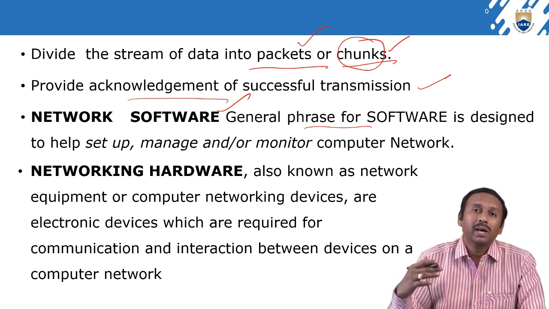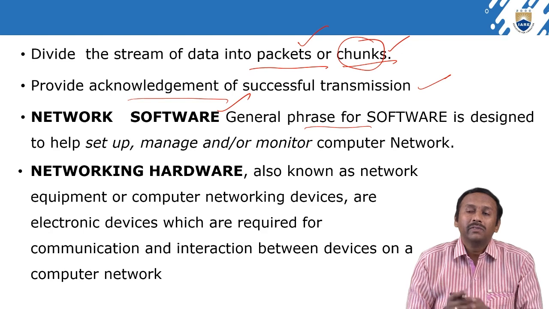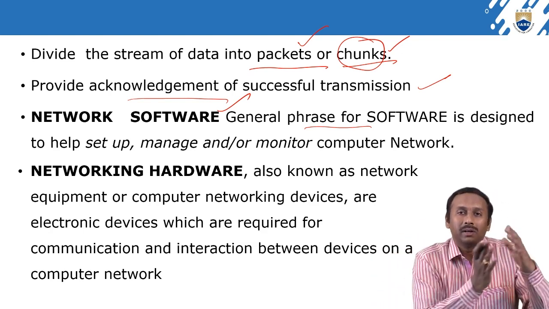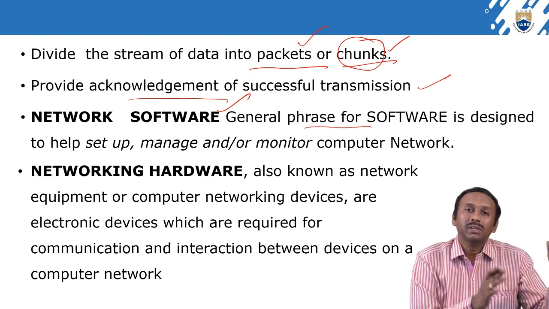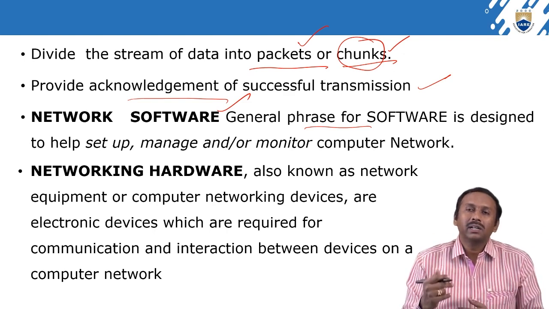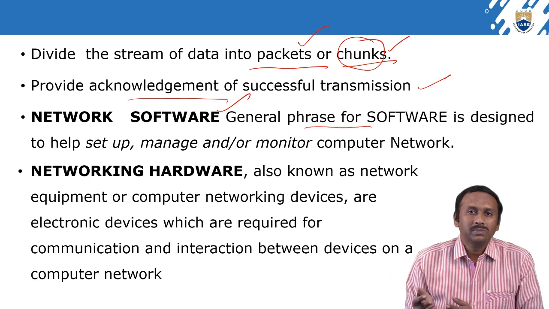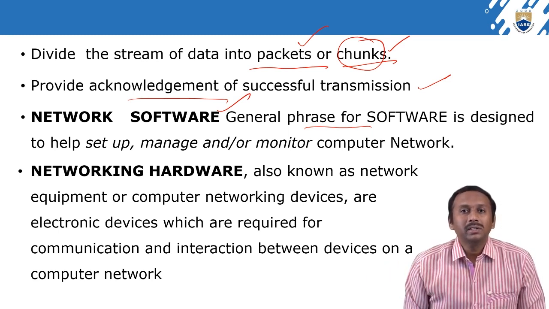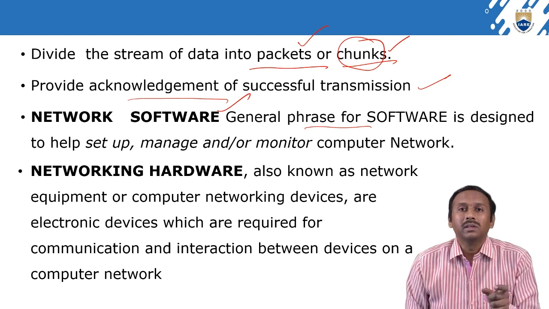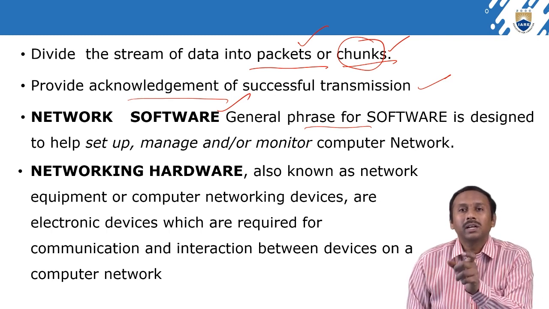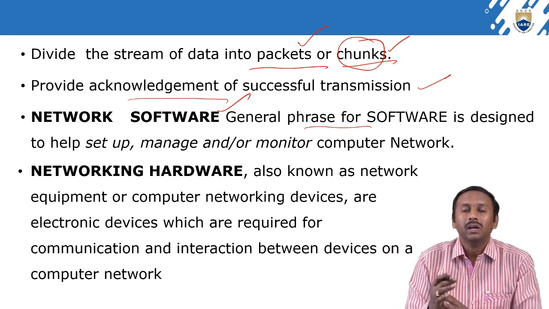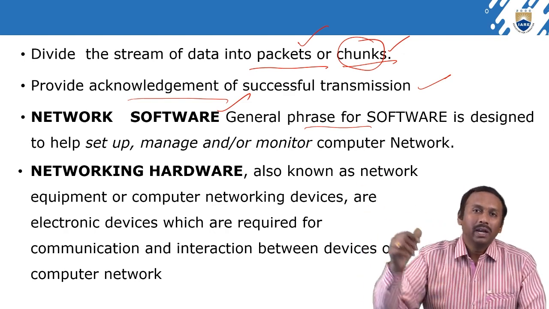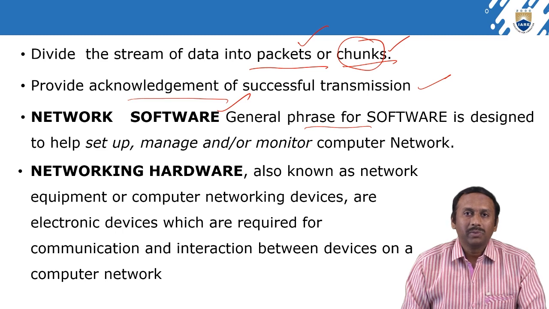If any issues arise during the transmission, if the data packet is lost, it has to send a negative acknowledgement to the sender. In case data is lost during the transmission due to timeout errors or some other problems, the network layer has to take the responsibility to transmit the data packet from sender to receiver. So that is the reason it has to monitor till it reaches the end of the destination point.